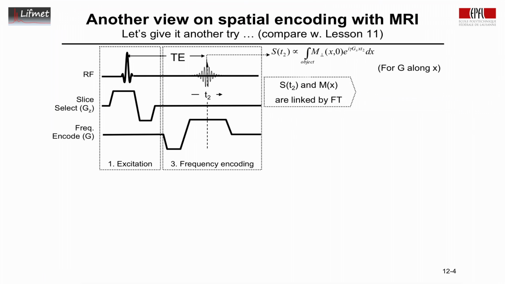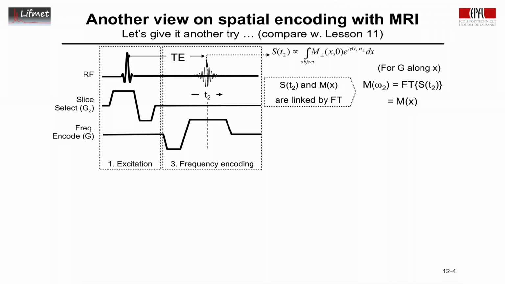Now the link between the signal as a function of T2, the time domain signal, and the magnetization as a function of position is given by the Fourier transformation. We take a standard Fourier pair, time and frequency. The Fourier transform of a signal in time gives you a function of frequency. That's a standard Fourier pair.